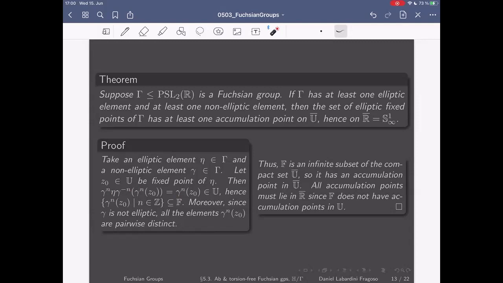And now we can look at the set of all of those translates of z naught under this non-elliptic element gamma.